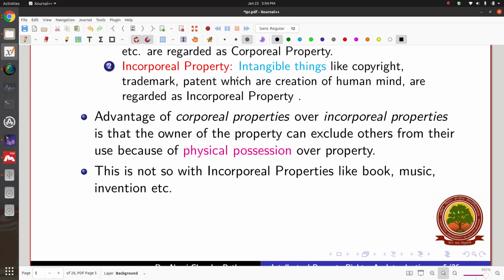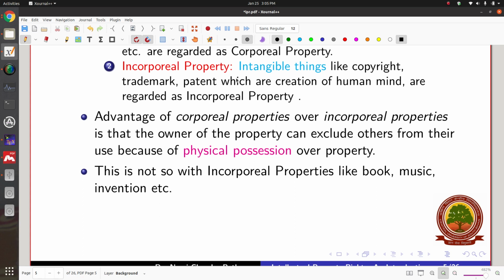They require creativity, they require innovativeness, they require critical thinking, है ना, और इंटेलिजेंस. That's why these properties are referred to as intellectual properties also. And in order to protect these properties, some set of laws has been created at the national level and also at the international level as well. And these laws are called intellectual property rights.